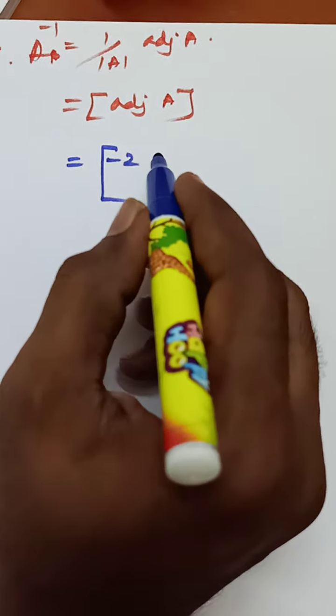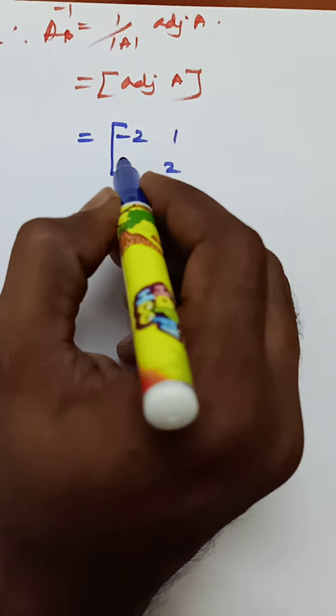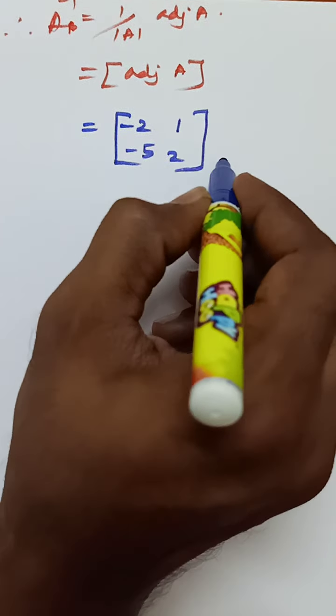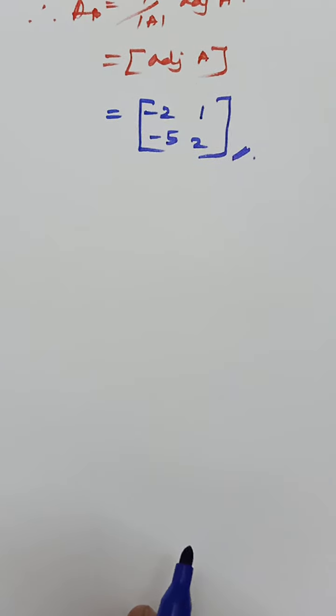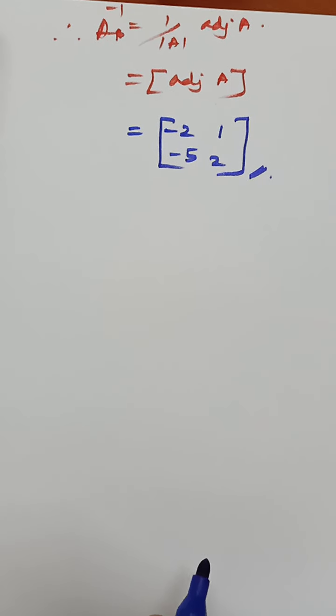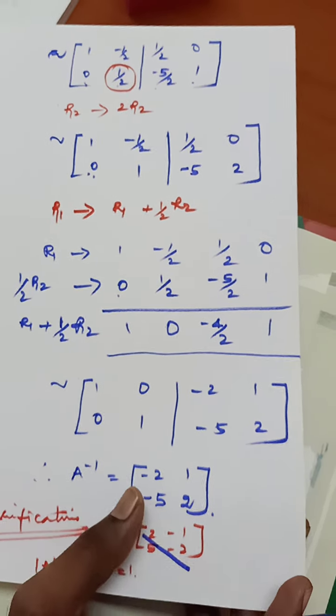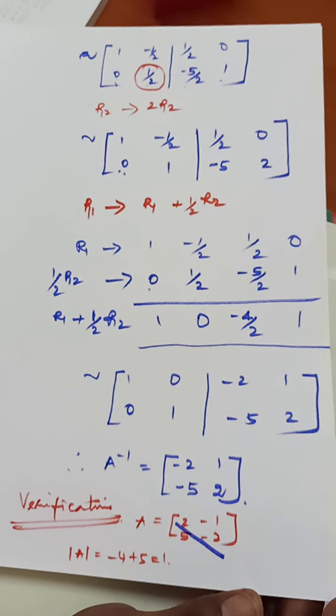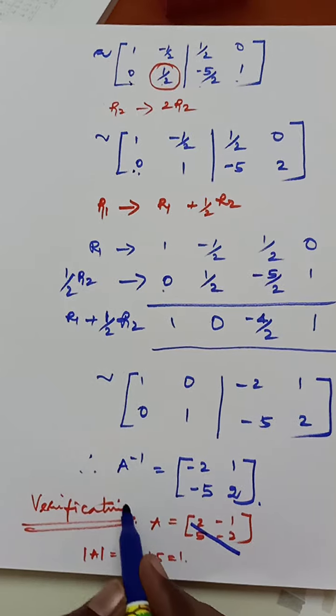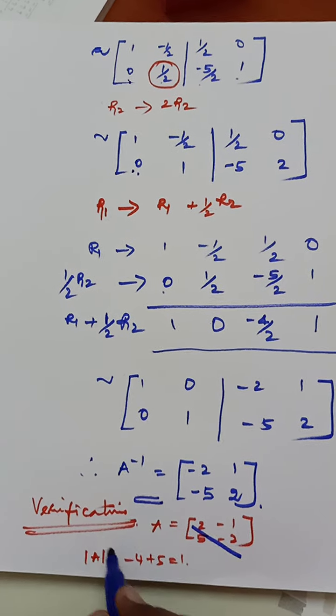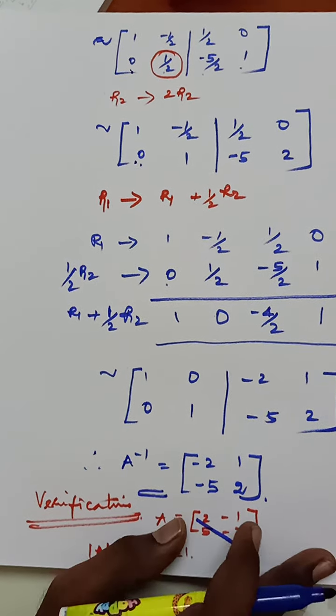Change the sign of the off-diagonal elements, they become plus 1 and minus 5. So that is your answer. You can check with your verification. This part is not needed in your exam hall, it is for your reference only.